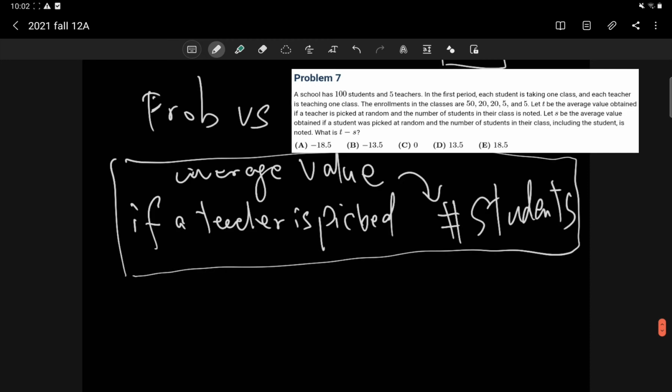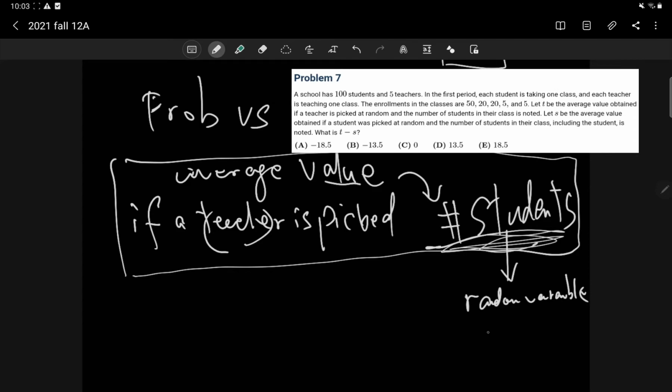From this sentence, we know two things. So the value does not come from the teachers. Actually, the value always comes from the number of students, right? So that means this is actually our random variable.